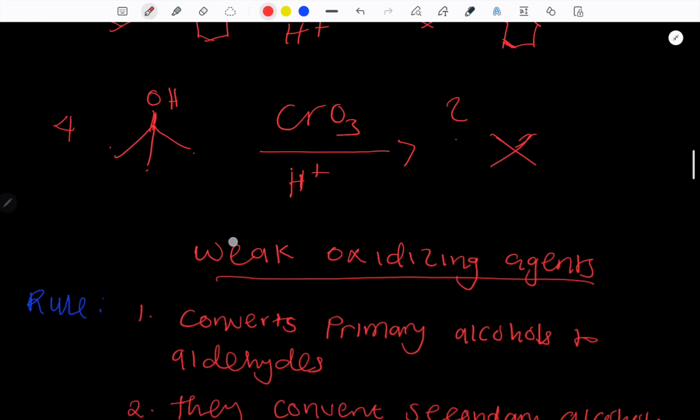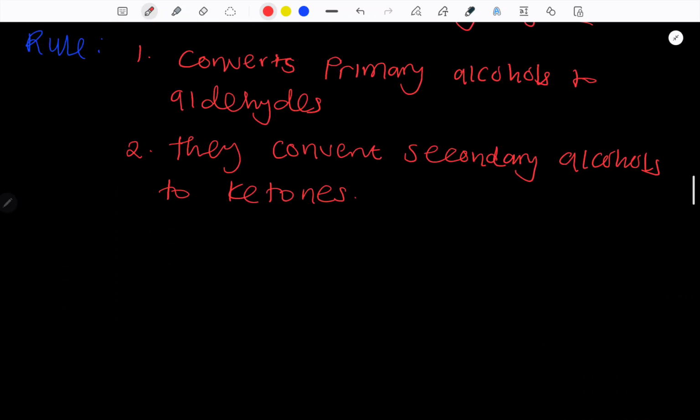So that's it. Weak oxidizing agents convert secondary alcohols to ketones. They also don't oxidize tertiary alcohols because tertiary alcohols are unreactive.